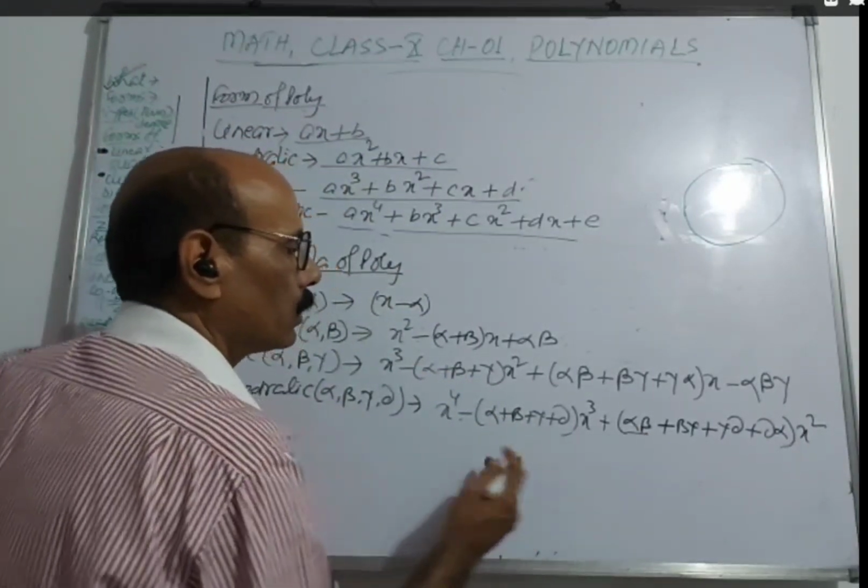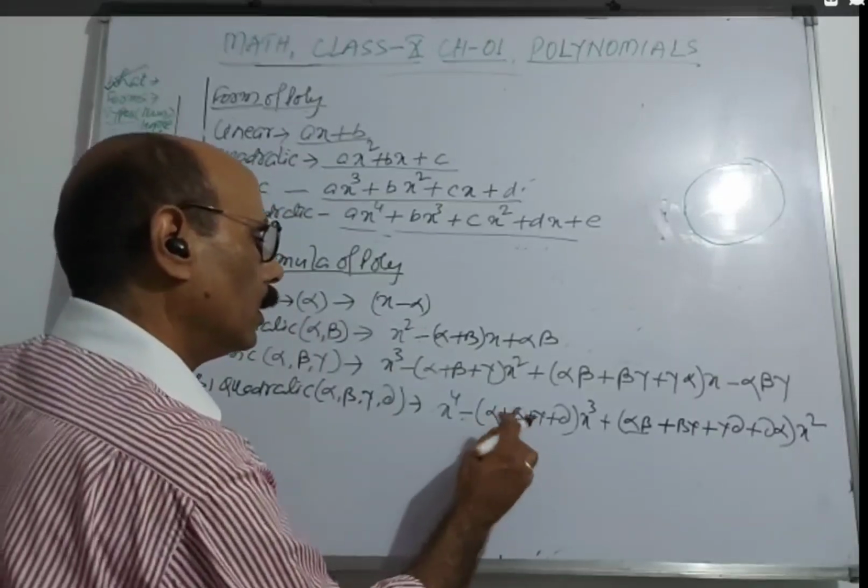Then coming next, x. This was the combination of two; here is the combination of three: alpha, beta, gamma.